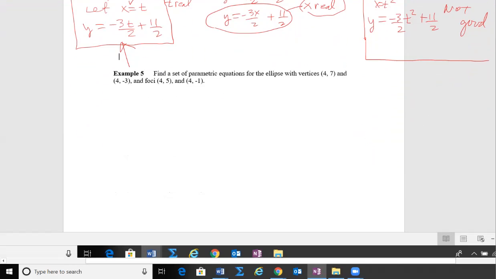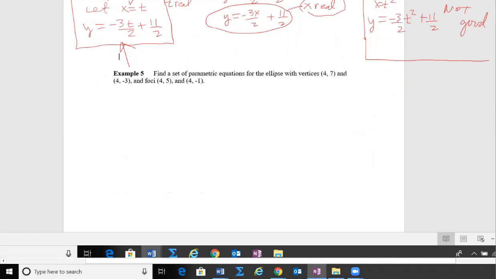So, okay, so here's another one now. Now we've been through this before, but we had the equation in front of us. We don't have it in front of us right now. We need to create that equation first. And then we'll know what to do with it.